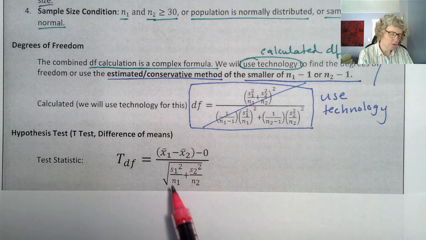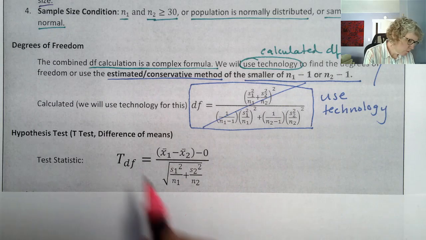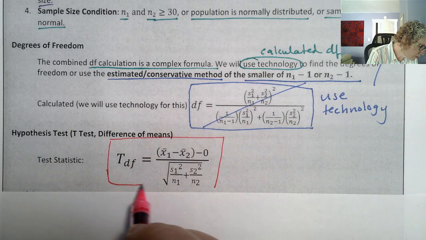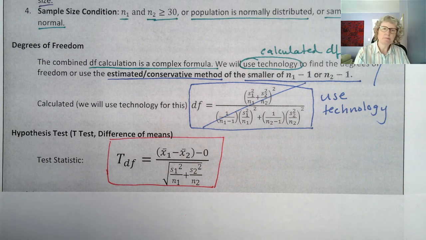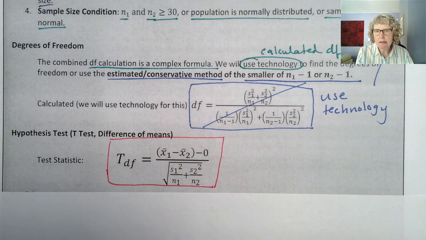So this is also another new thing. It's combining the standard errors. Okay, it's a formula for that, similar to what we saw for two proportions. Okay, and we can add variances when the variables are independent. So that's why we need that independence condition in order to do this.